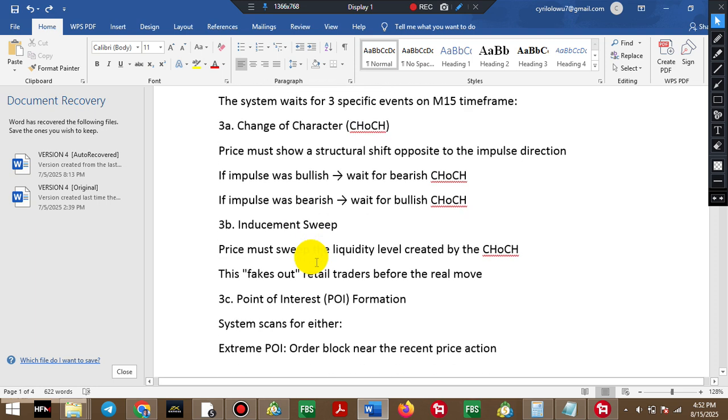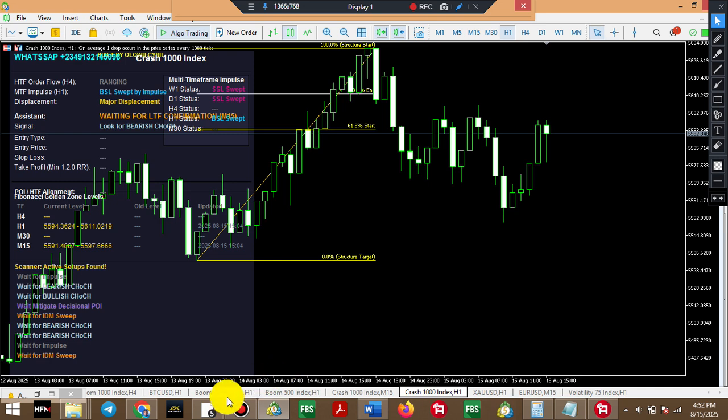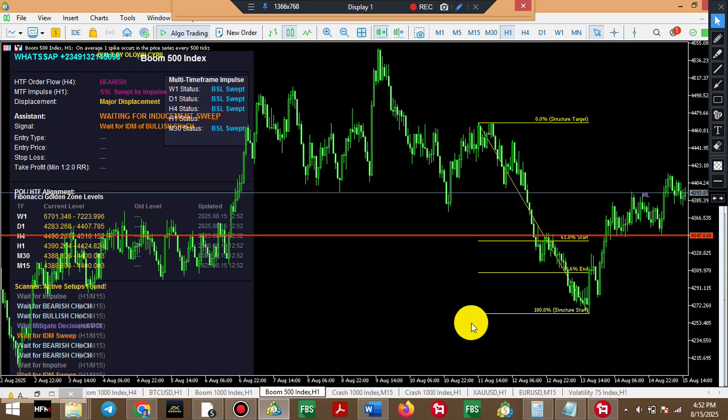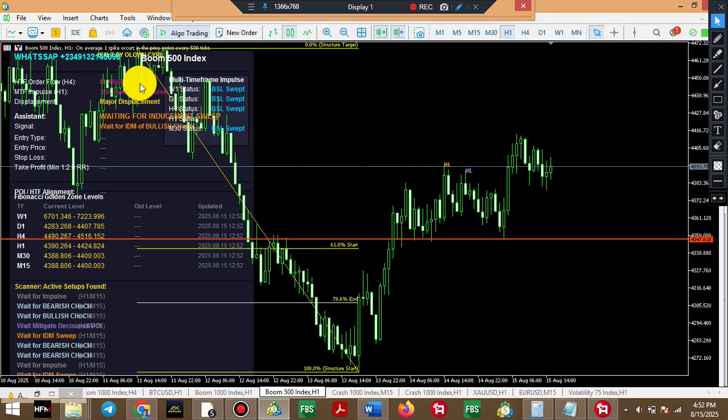Now I think I noticed that on Boom 500. Let me show you how this inducement detector looks. Let me zoom out a bit. Now, the impulsive move on this Boom 500 was what? A sell side liquidity that was taken out, and we noticed price started buying.